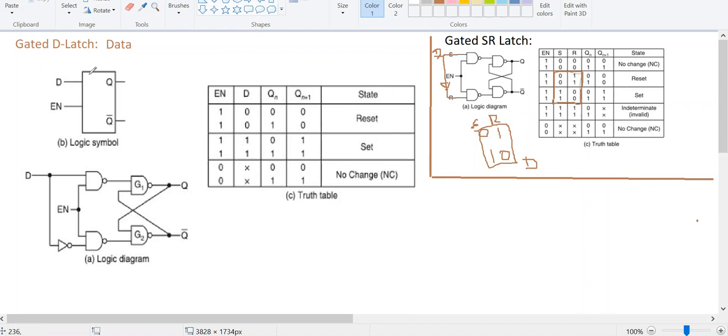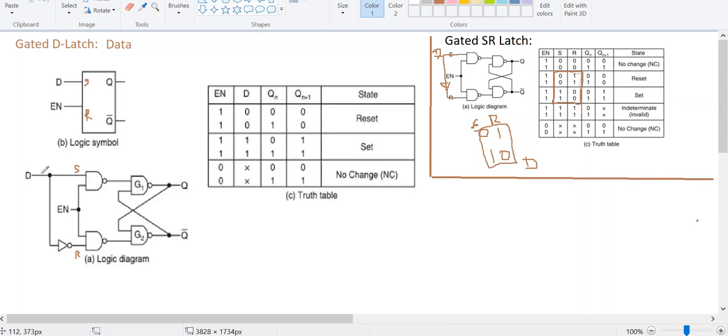So that is what I explained here, the gated D latch. Instead of having both inputs S and R, I have only D as my input. So this we can consider S, and this we can consider R. Here I kept one inverter, with just one input named D, that is data.